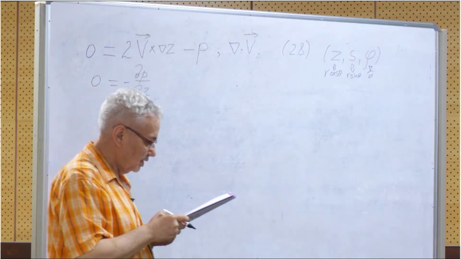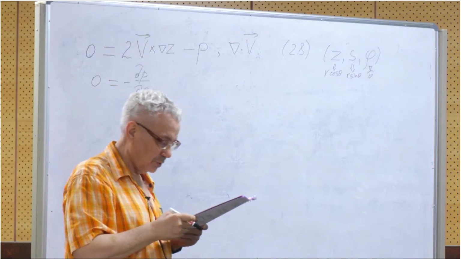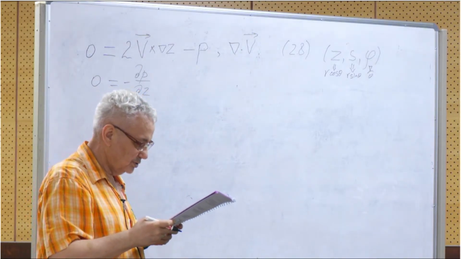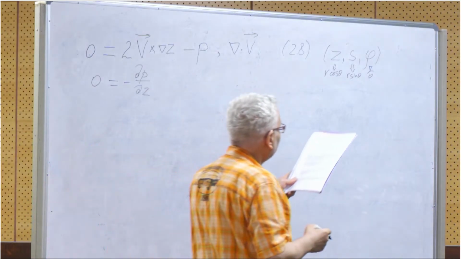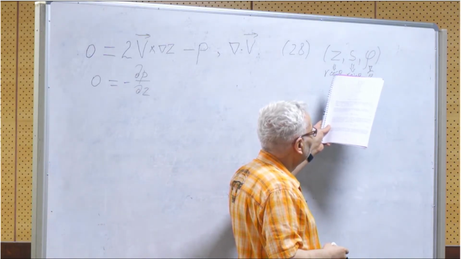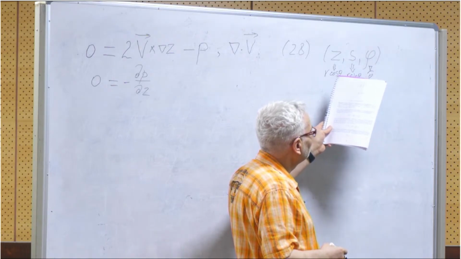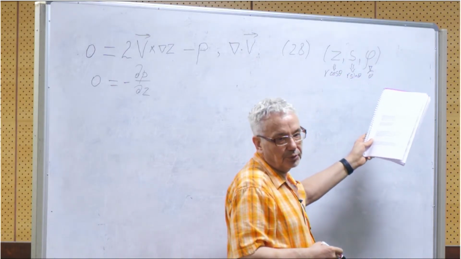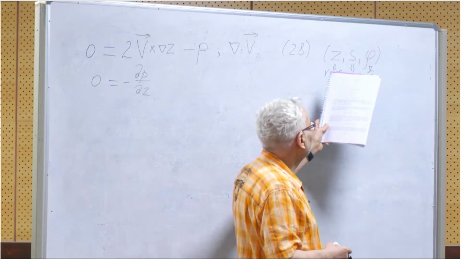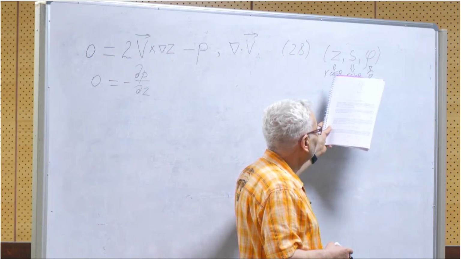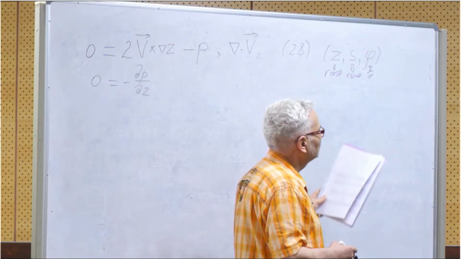Let's proceed to another cylindrical coordinate. Here it's especially important to note that the order in which these coordinates appear is very important. And here we have right-hand order, right-hand screw drive order or something like that.